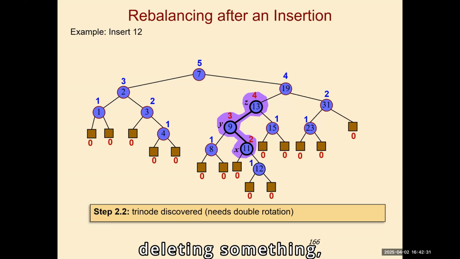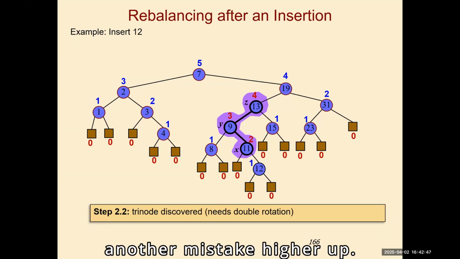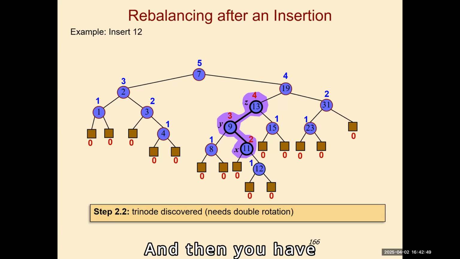Now, if we're deleting something, then you go up the tree until you find the first mistake, like this, and you do the rebalancing. Right? Now, this will be an AVL tree, but there might be another mistake higher up. And then you have to go up further and find the next mistake and balance.